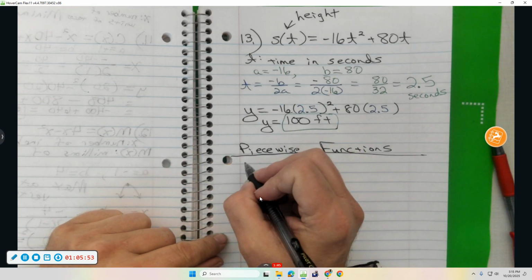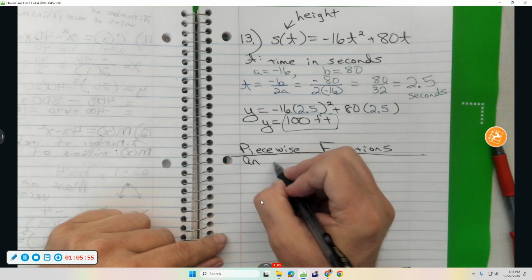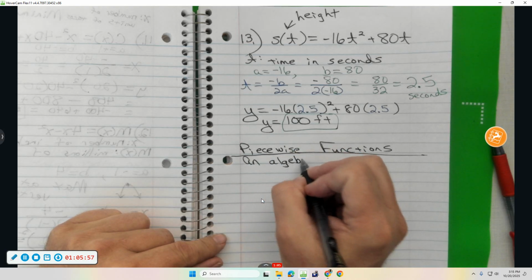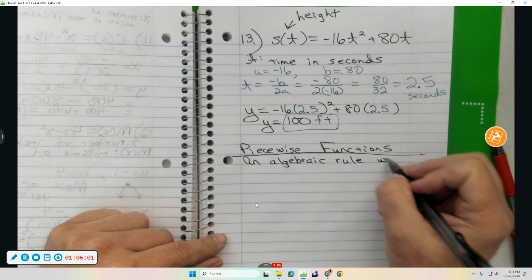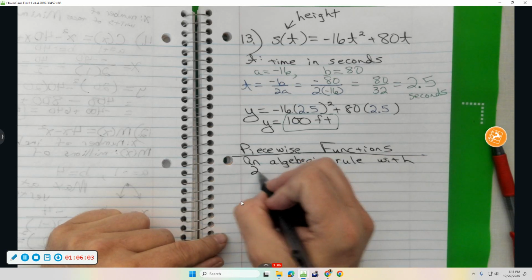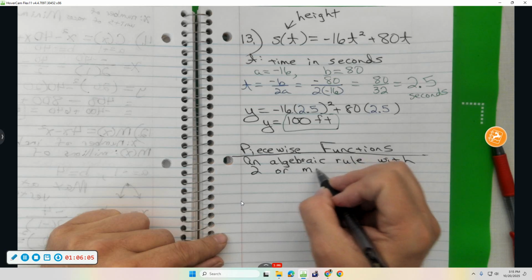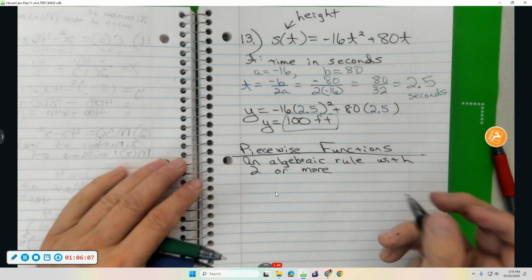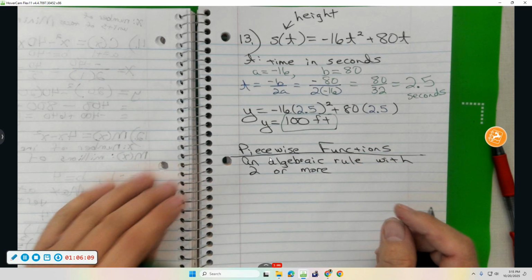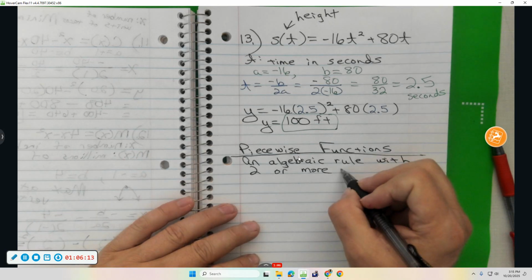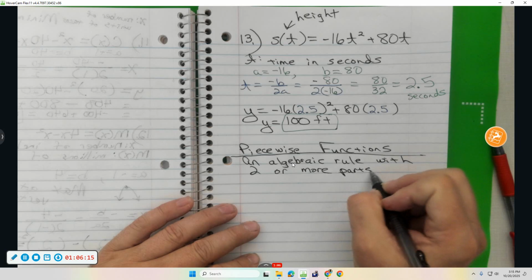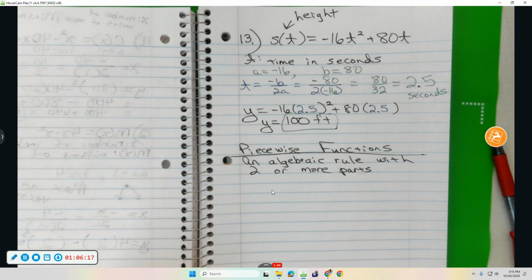I'll say an algebraic rule with two or more, I'm not going to use the word pieces, with two or more parts. Yeah, okay. An algebraic rule with two or more parts.